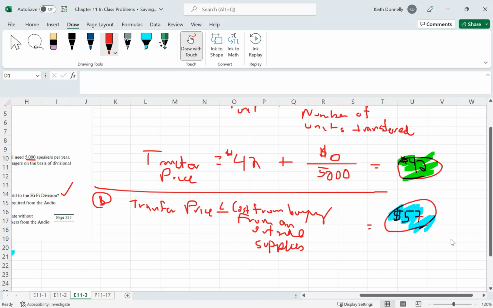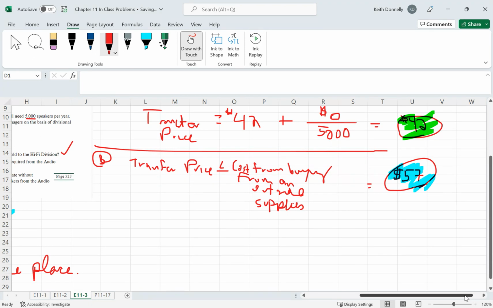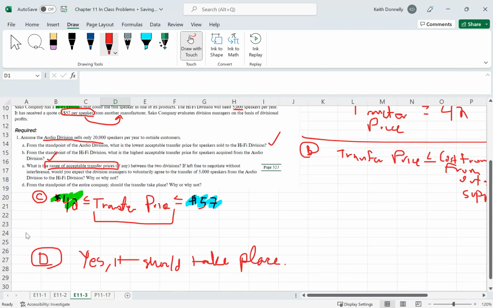And then what you do here, in between those two items, the minimum amount the seller is willing to sell it for and the maximum amount the buyer is willing to pay for it, is called the range of acceptable prices.